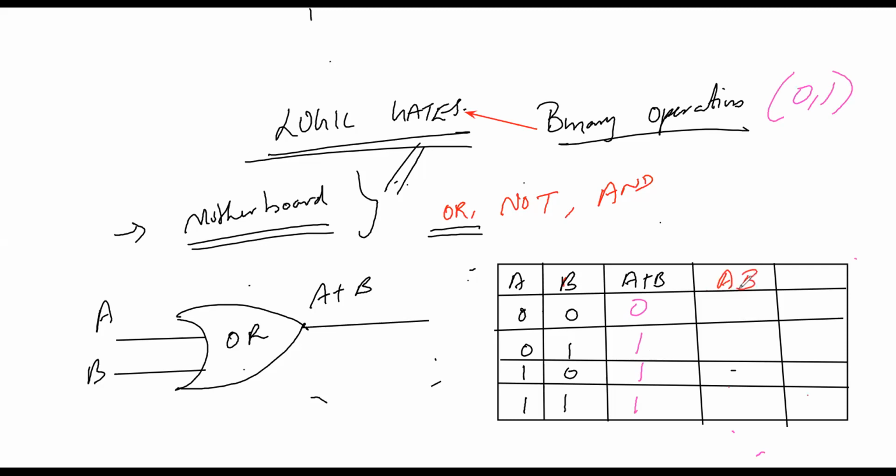Next one is AND, AB. AND is very easy to draw. I'll draw it just beside this gate itself, so it will be easy for you to see.